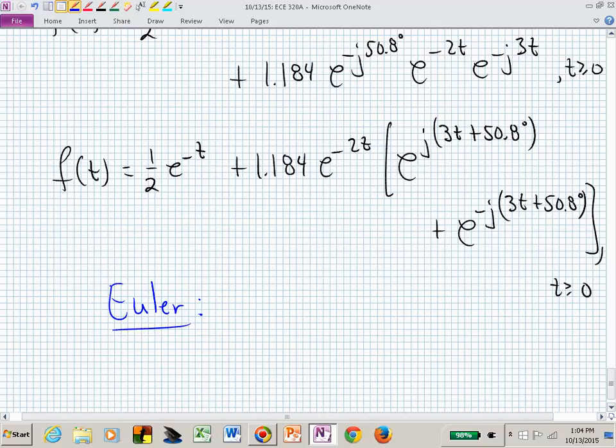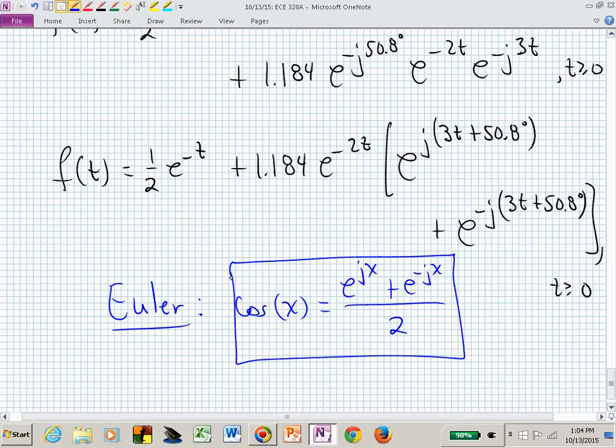Well, Euler tells us that cosine of x can be written in terms of complex exponentials. That's Euler. He's just sitting there whistling because he knows that he can use this relationship to simplify what's in square brackets.